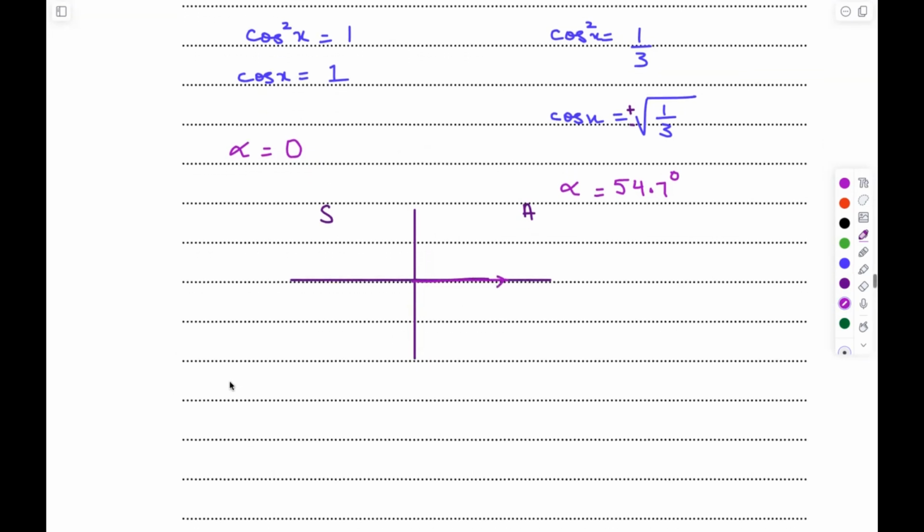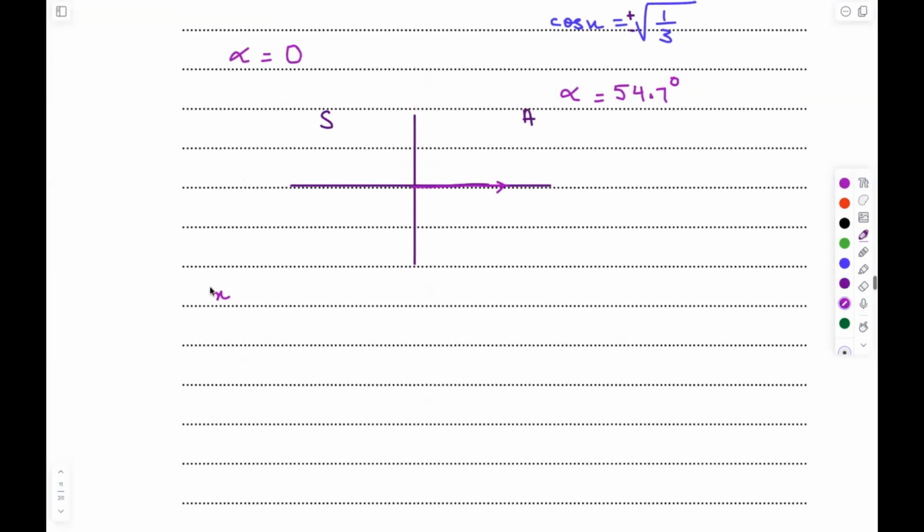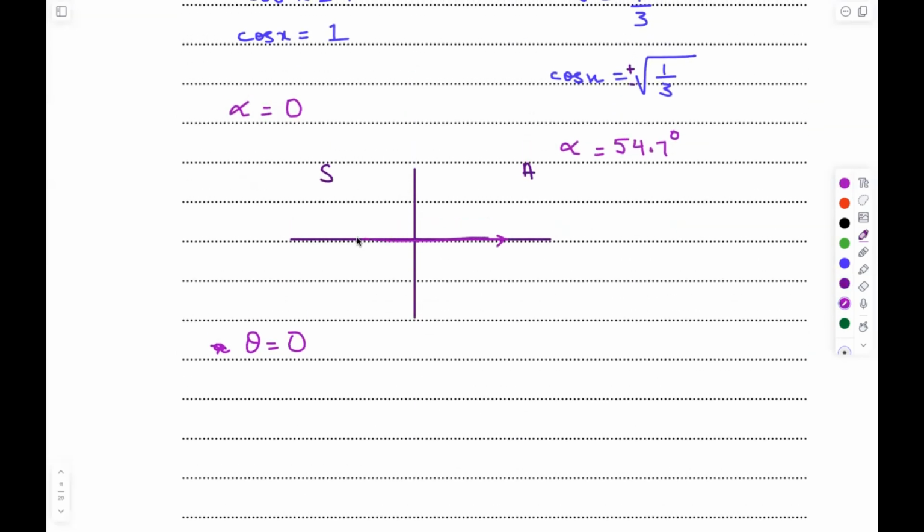So the angle in this case will remain as 0. One of the values of theta will be equal to 0. And making this angle 0 in the second quadrant, which is the negative quadrant, the second angle will be equal to 180. When we take the basic angle as 54.7 in the first quadrant, we'll have another angle for theta, which is 54.7 degrees.